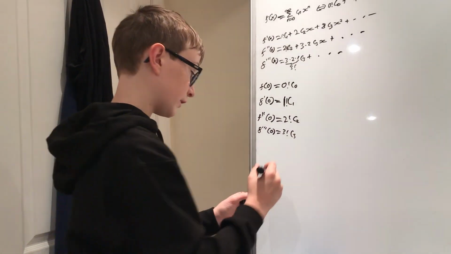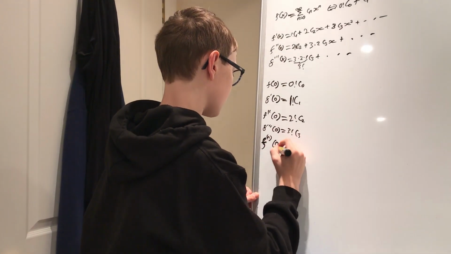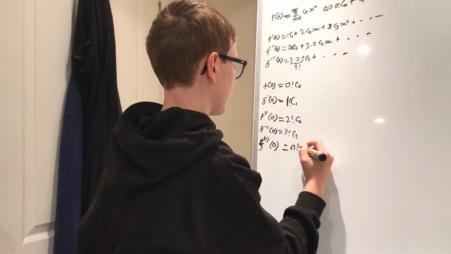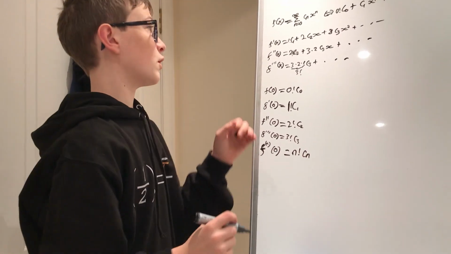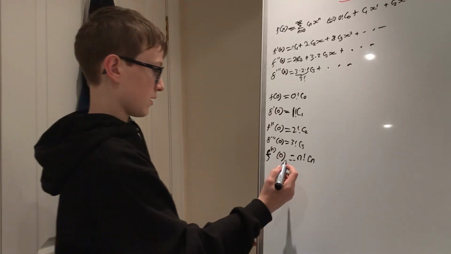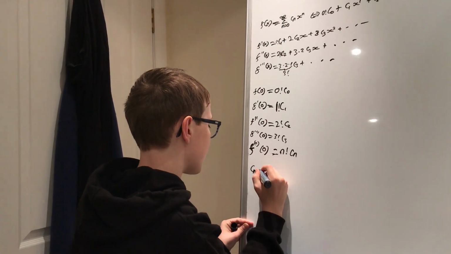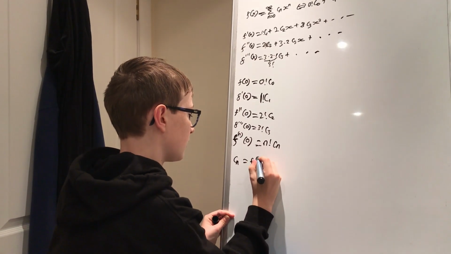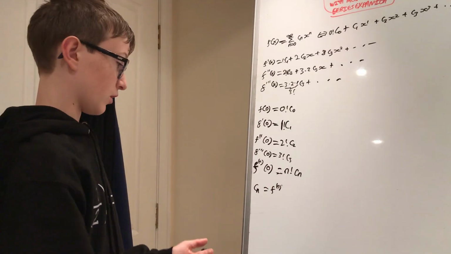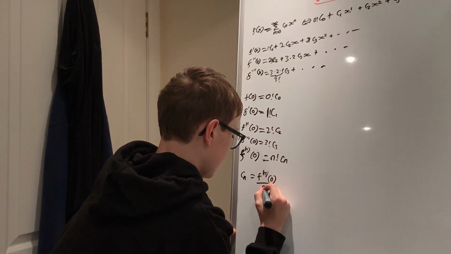So, if we differentiate this function n times at 0, we get n factorial times Cn. And now it's simple to solve for Cn: divide both sides by n factorial, leaving us with Cn equals f^(n) of 0, so differentiating f of x n times and then plugging in 0, over n factorial.